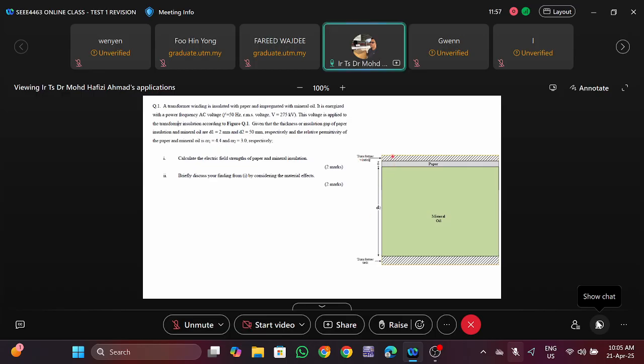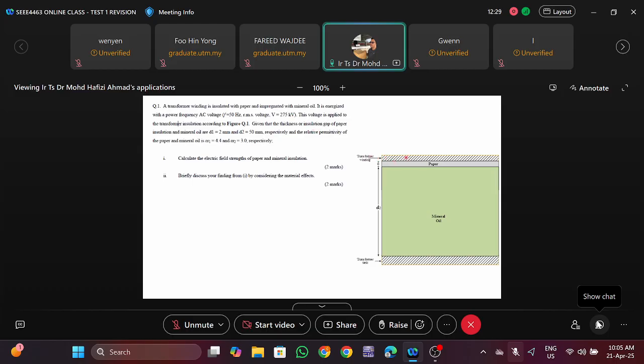So the first layer is a paper. So let's see the question. You can see this transformer winding, which is drawn like this, a plate, just a model of plate. But the real transformer winding is a coil, okay, right? So to make it easy, we just make it a lump of coil in this kind of shape, okay, with the transformer winding.